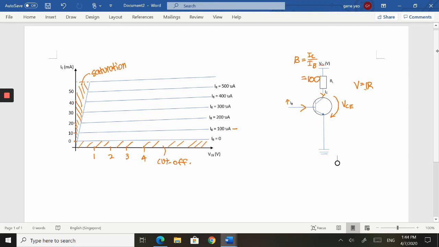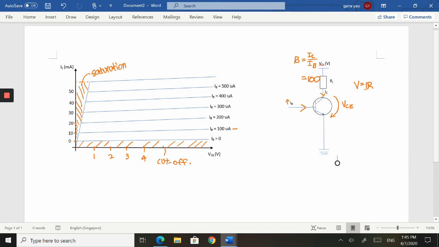When we increase the VCE here, IC doesn't seem to increase. It remains steady at 10 milliamperes. Maybe there's a slight upward slope, but that's about it.